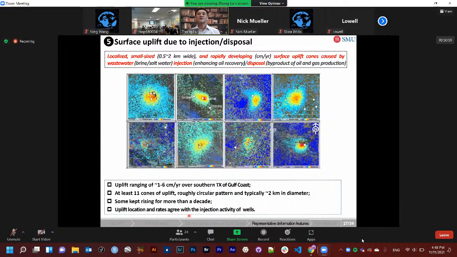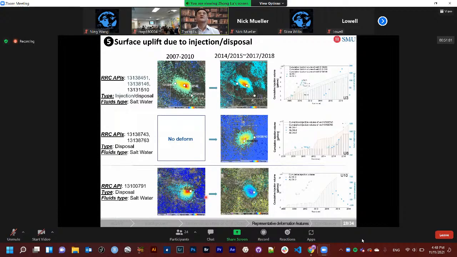So of course, I'm going to show you a couple of examples here. You can see this beautifully shows the uplift for different time periods of this location. You can see the well number here, and particularly let's look at this one, and you can see the different time periods, I'm sorry, the timing, 2015 to 2019 here.